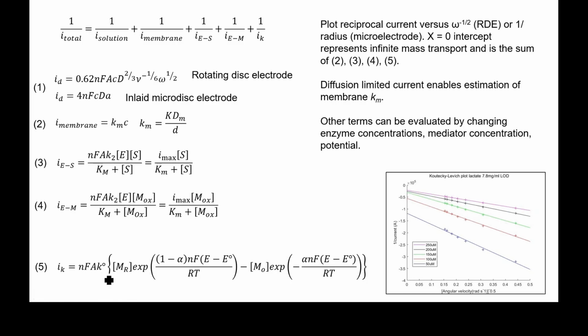From the exchange current we can get our k0, or you can get this directly from rotating disk experiments on the mediator itself. So we can make sure that 1 over iK is always infinity, so iK is always going to be high. We can set up our experiment to make sure that this is always true. And so we can then focus our engineering efforts on engineering the properties of our membrane and our enzyme reactions.